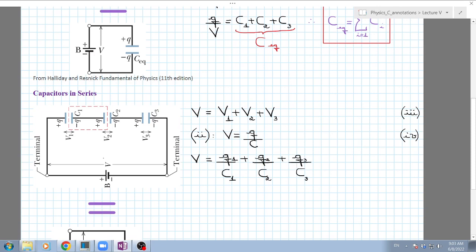These components, these capacitors, are in series.